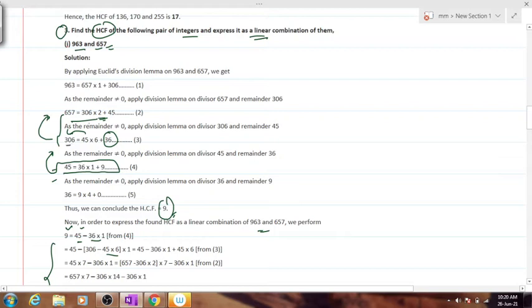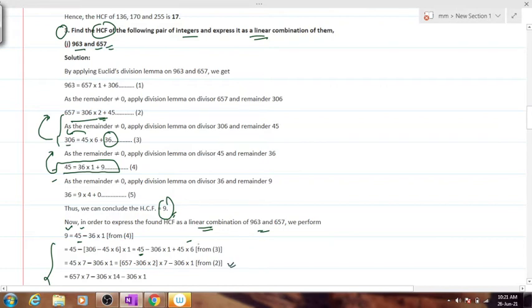Then again 45 can be written as, see, once we get this out here, we'll entirely solve it and break it down. We are breaking it down in a linear combination. Clear? And after that, again what you will break? 45 into 7 and then 306 into 1.